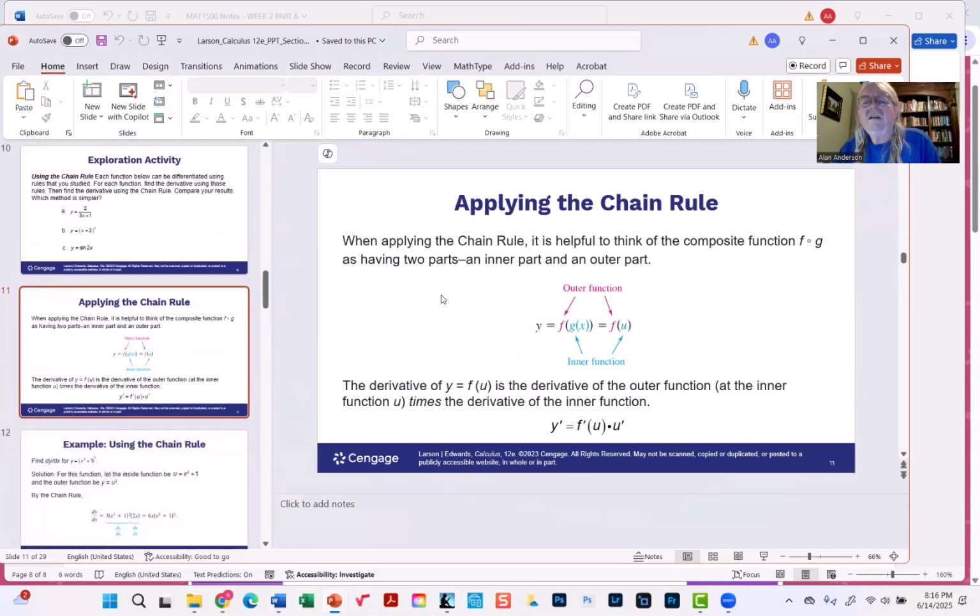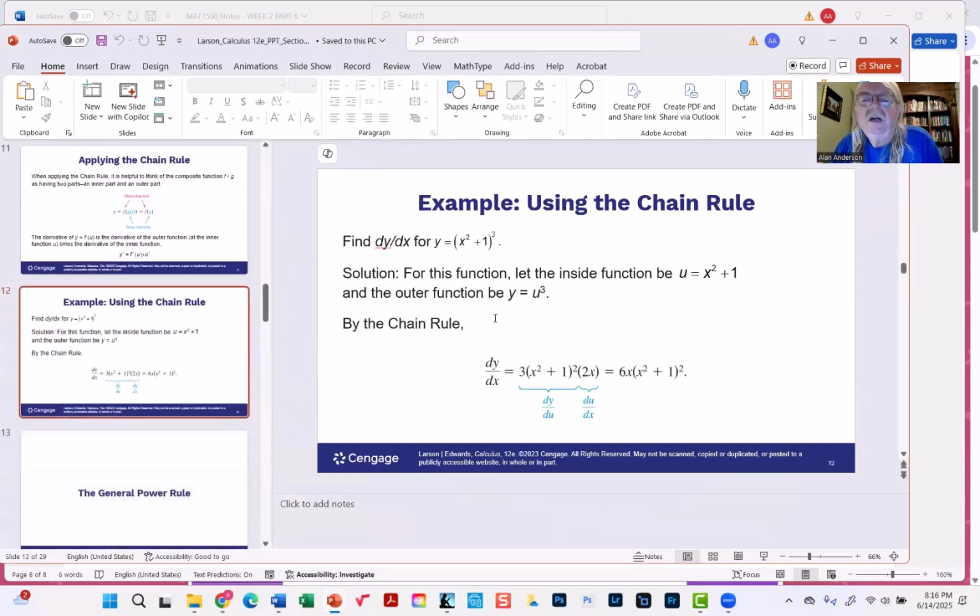So here they're kind of breaking it down a little bit and trying to help you understand the relationship between the different types of notation here. Yeah, so here they're showing you for the first time actually how to use the dy du du dx setup.